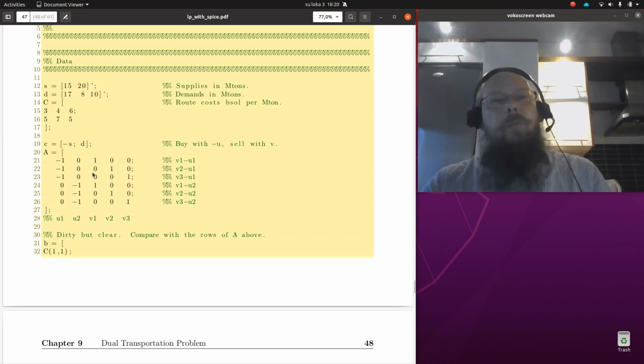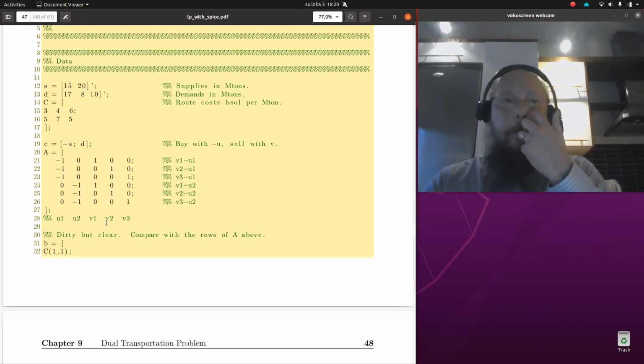So if you want to make not quick and dirty but an elegant version, you can probably see here that there are these identity matrices going down now, not going that way as in the primal. In the dual they go down, obviously. And then there are these ones flowing down like this, but they are actually minus ones because there are minuses here. So here the variables are U1, U2, V1, V2, V3, and like this.